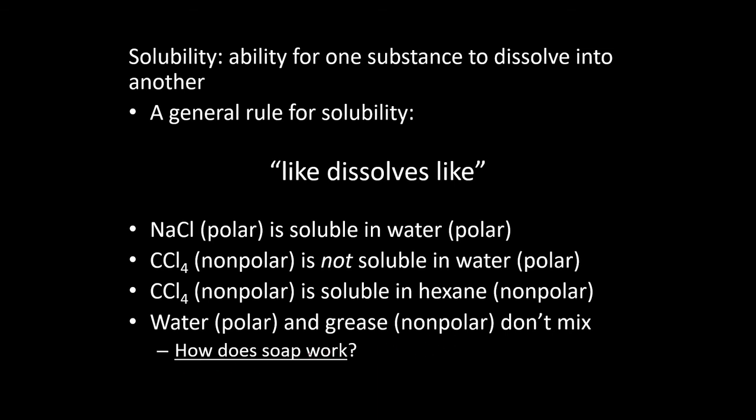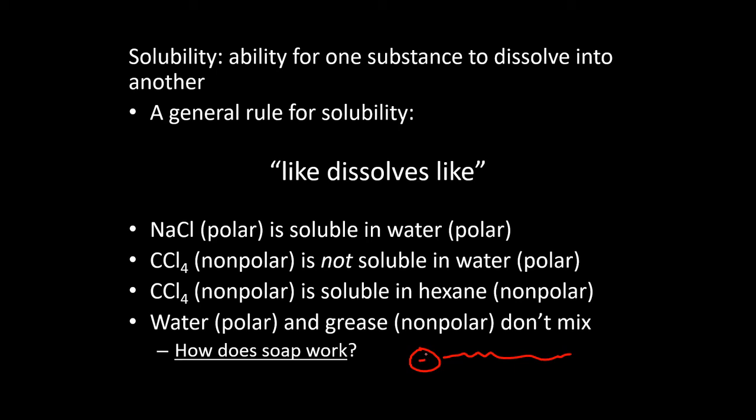So this then does beg the question of how soap works. The answer is that soap is a molecule that looks something like this. This is usually how soap is portrayed, where you have what we call a polar head group that is usually negatively charged. It could be positively charged, it just depends on the type of molecule that you're using, but usually you have a negative group here.